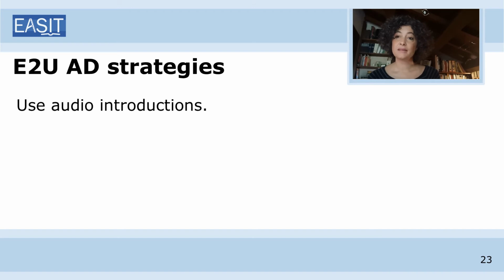However, from an easy-to-understand perspective, I'd encourage the use of audio introductions, which can include elements that need to be digested to understand and enjoy the film, thus limiting the amount of words to use in the audio description proper. In this way, you'll be able to comply with easy-to-understand principles more easily while writing your audio description.